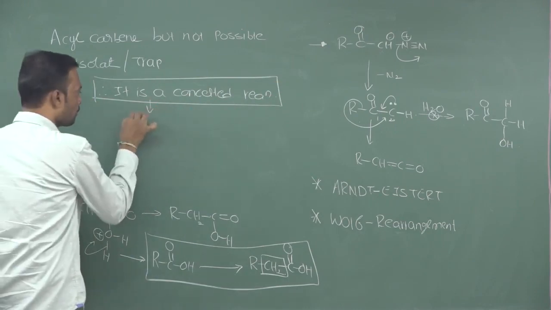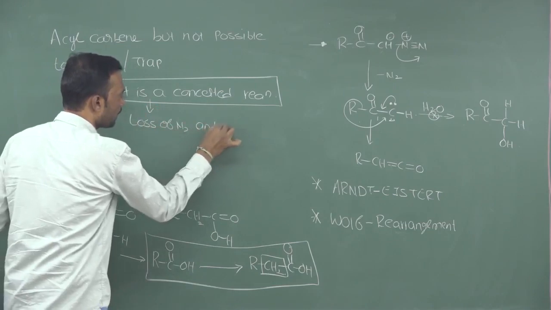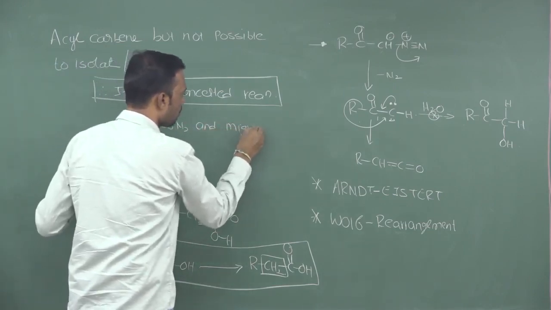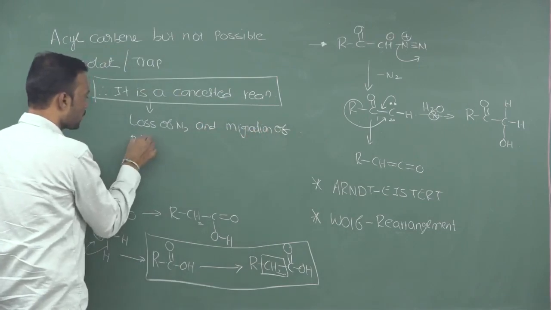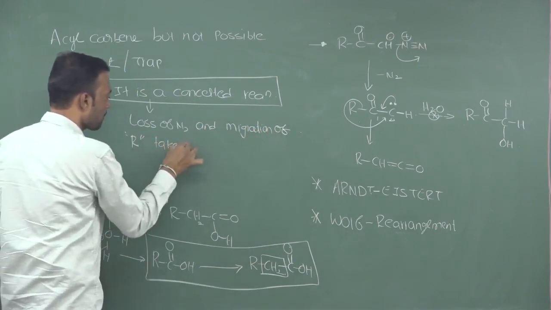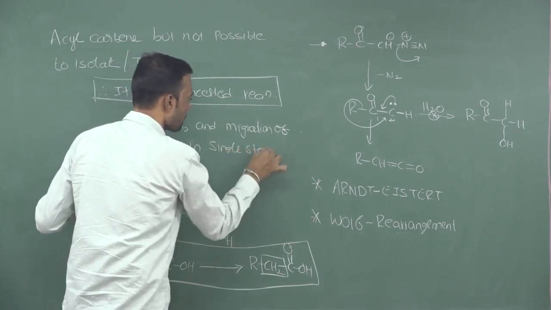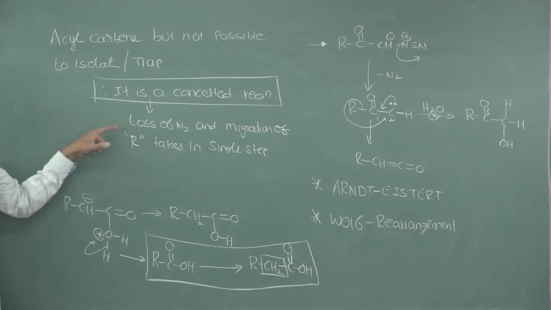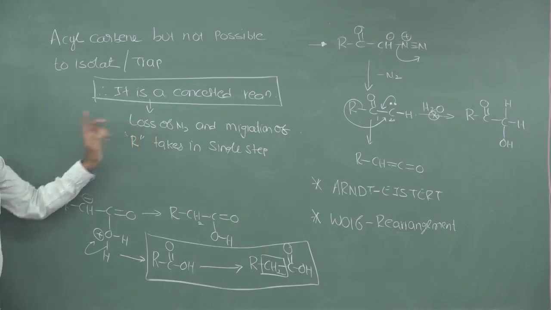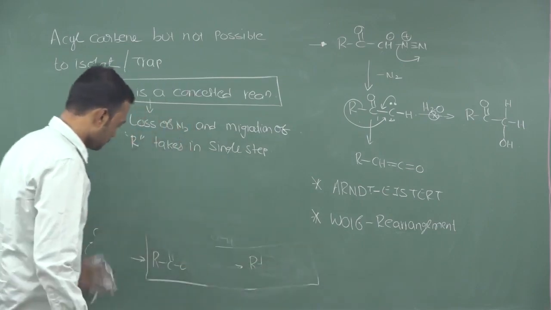Here what we observed: loss of N2 and migration of R in a single step. This is one of the evidence, so that's why it is a concerted reaction.